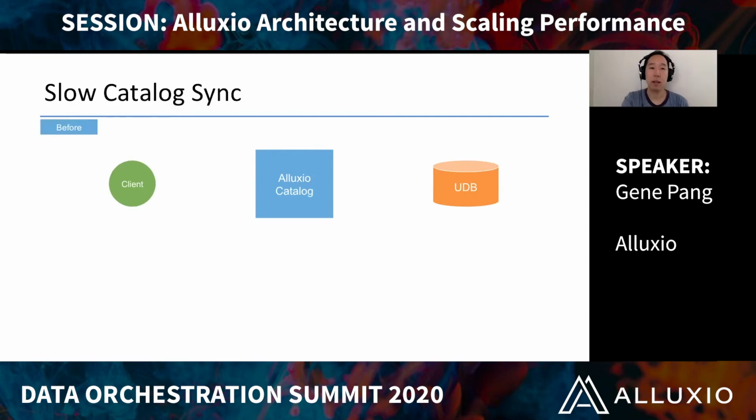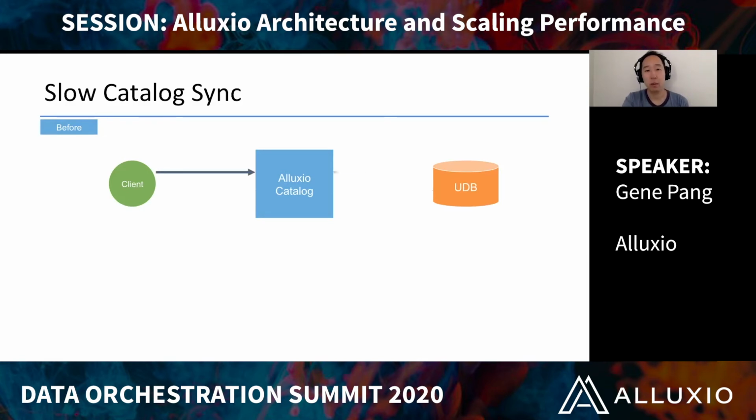Next, we'll talk about some improvements in catalog syncing. In the structured data services, the Alluxio catalog maintains the metadata for structured data and tables, and it needs to access data from other external catalogs such as Hive Metastore or Amazon Glue.